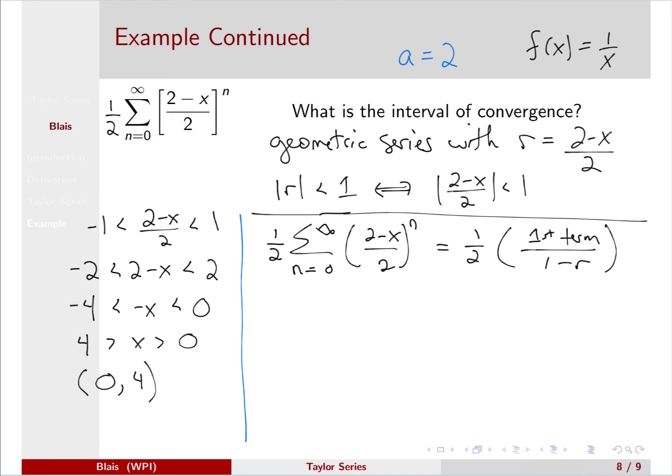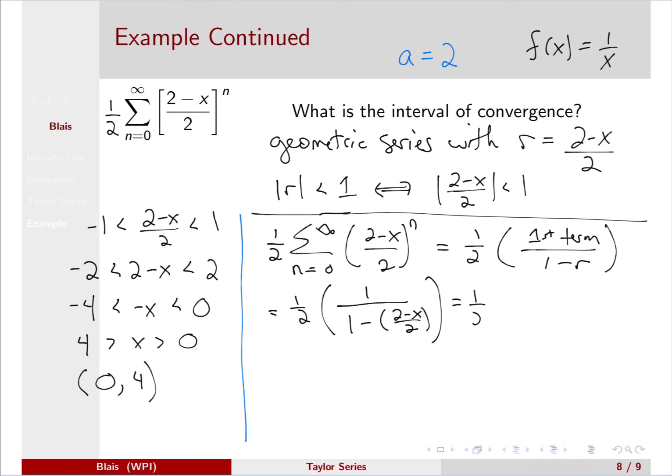So we know that our first term in this case is the case when n equals 0. So we get 2 minus x over 2 to the 0, or 1. And 1 minus r will be 1 minus the quantity 2 minus x over 2. And let's simplify this.